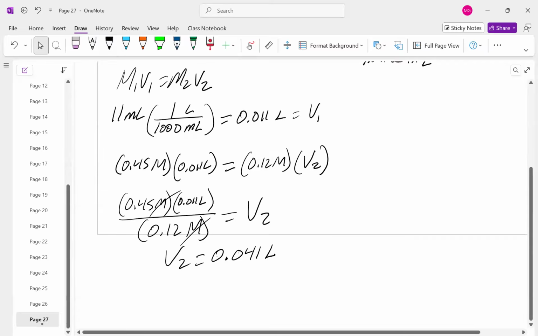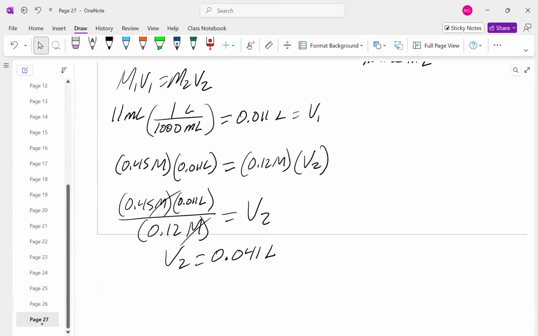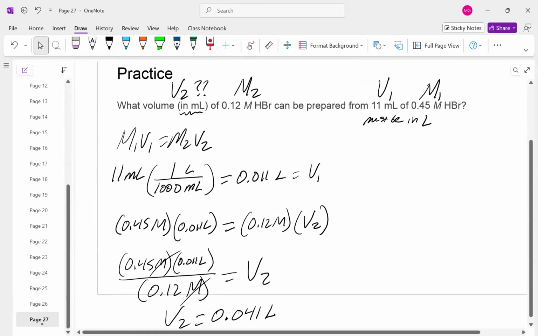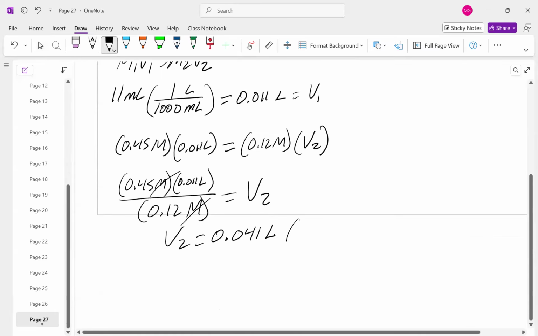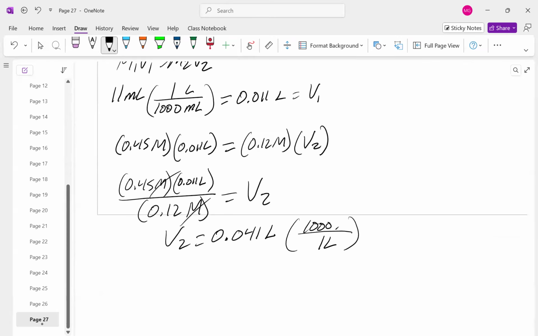If you stopped here on an assessment, you probably would get maybe half a point taken off because the problem tells you the volume needs to be in milliliters. So we're going to do one final conversion. There's 1,000 milliliters in 1 liter. And so my volume that I can dilute to is 41 milliliters.